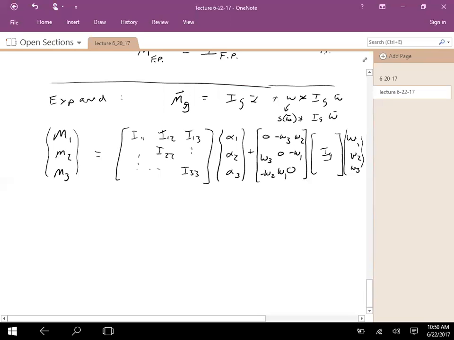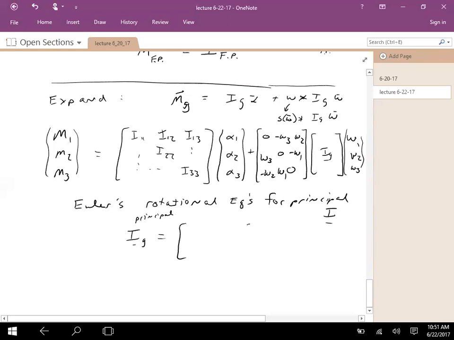Okay. Next, I want to write down Euler's rotational equations for a principal I. I haven't talked about the properties of I yet, getting a little ahead of myself, but a principal I, this is IG principal, is an I that's composed of the principal moments of inertia.